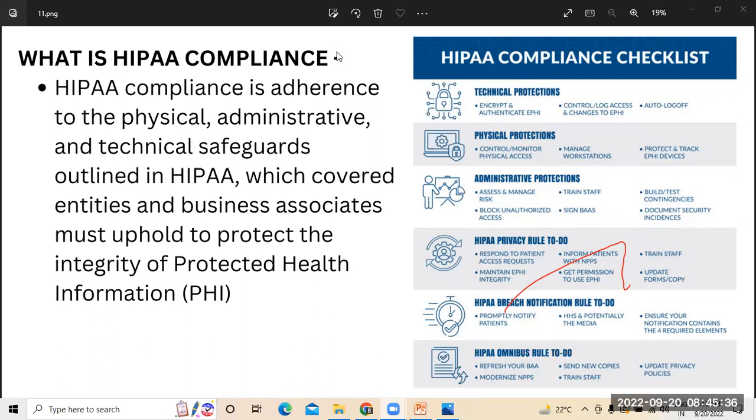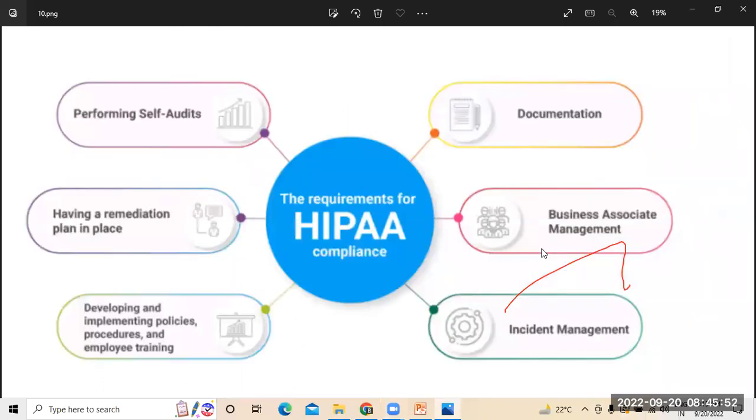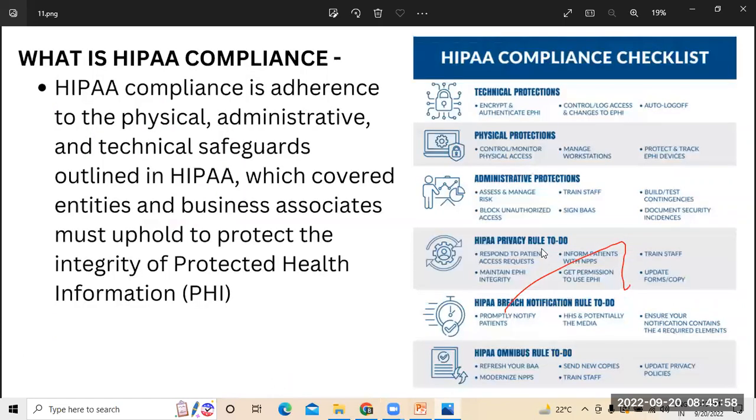So this is what we need to know about HIPAA. This is the complete understanding you must have as a business analyst. So again, let me repeat. One is the requirements for HIPAA compliance that you need to learn, the first point. Second, what comes under the HIPAA compliance checklist? That should be known to you.